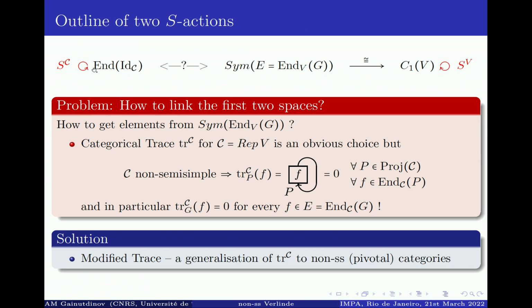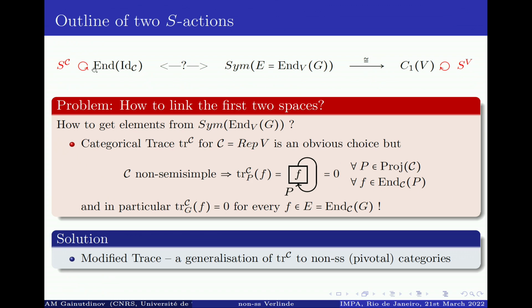The problem is how to link now. So on the VOA side, we have these torus one-point functions, and I have the VOA action, the modular S transformation, and I use the parameterization of my torus one-point functions in terms of symmetric forms. So I assume I have this isomorphism. From the VOA side, that means that I get an S transformation on symmetric forms of my endomorphism algebra of this projective generator G, right?